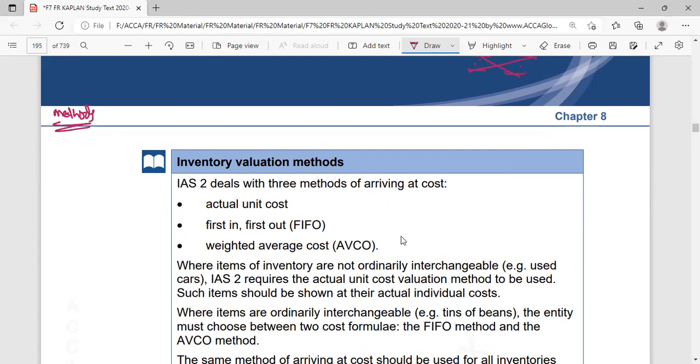For this purpose, inventory is classified into two types: inventory which is ordinarily interchangeable, and inventory which is not ordinarily interchangeable.